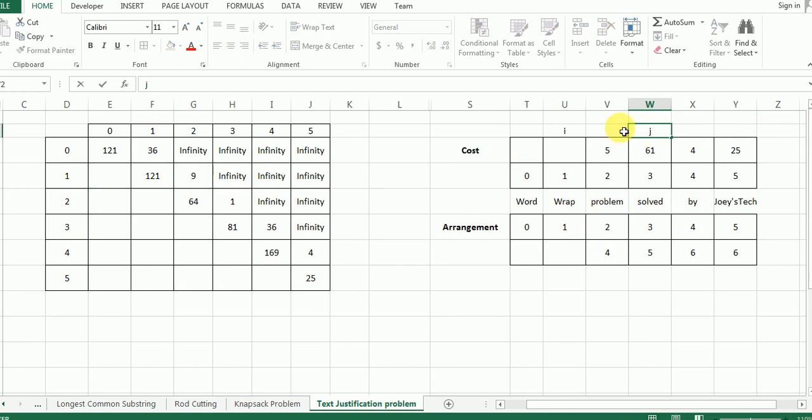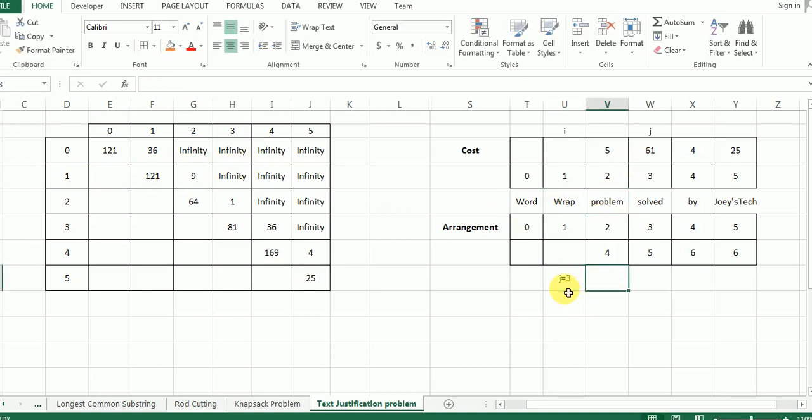So 1 to 3, it's also infinity, but the split is possible either at J equals to 3 or J equals to 2, because we have the value of 1 to 2 calculated. That means we can put wrap and problem in one line. All right, so what happens when the split happens at J equals to 3?